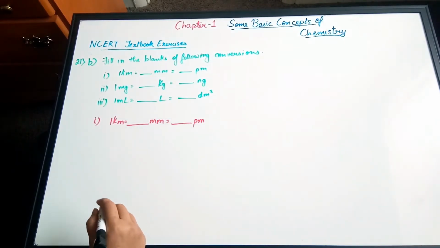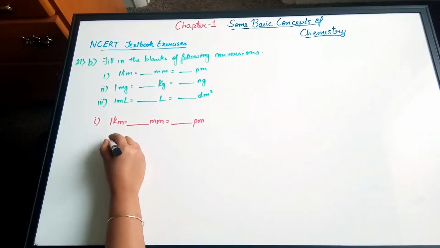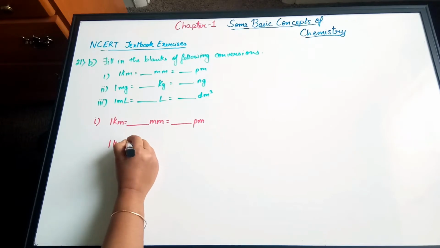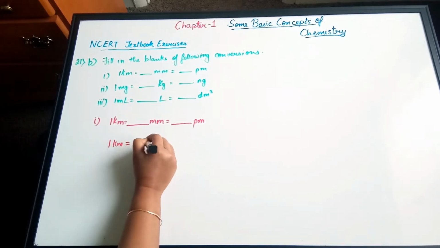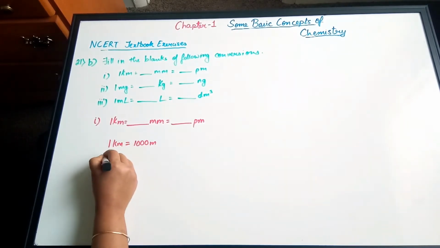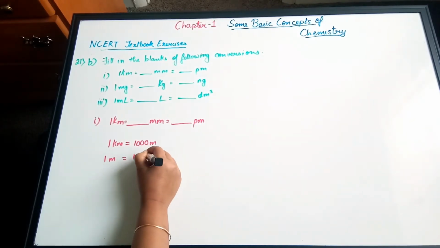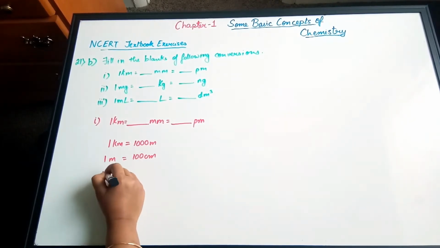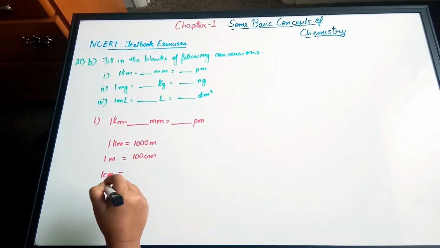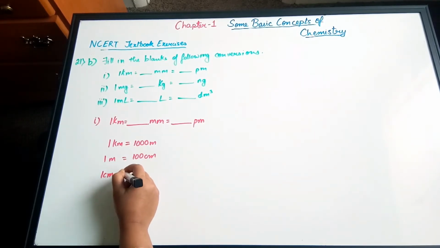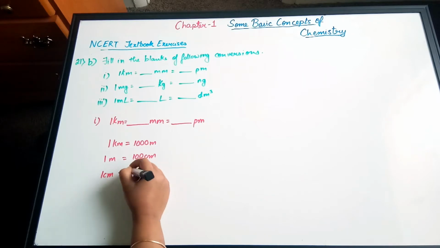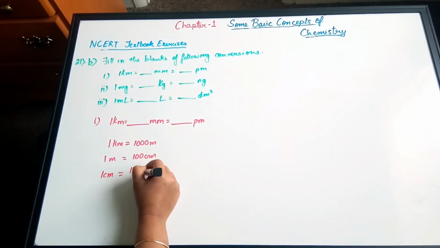So first of all, 1 kilometer equals 1000 meters. 1 meter equals 100 centimeters, and 1 centimeter equals 10 millimeters.